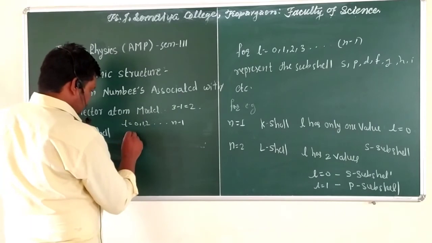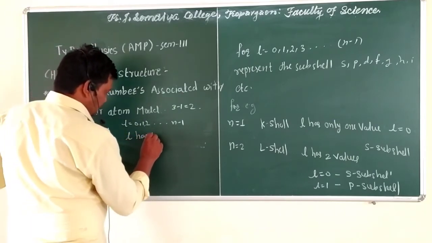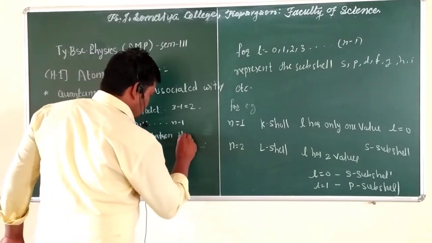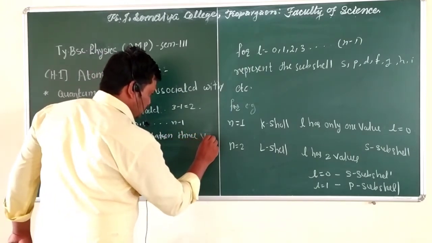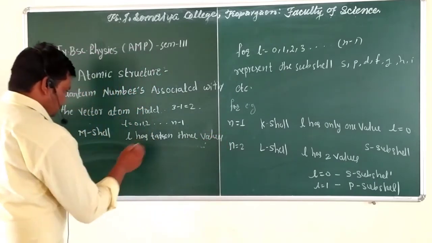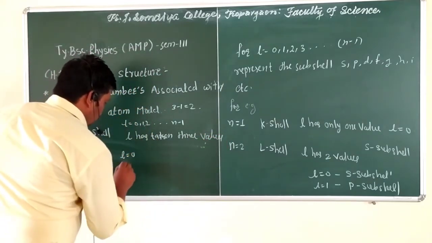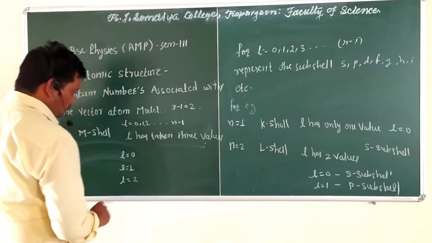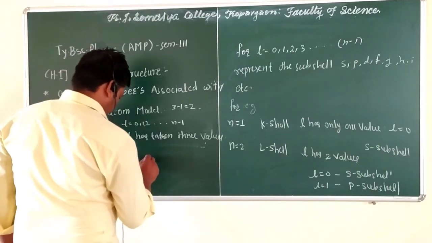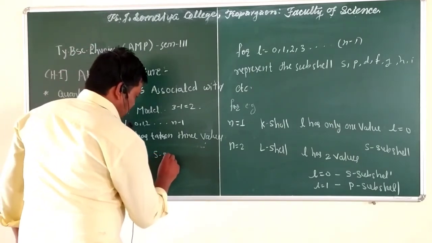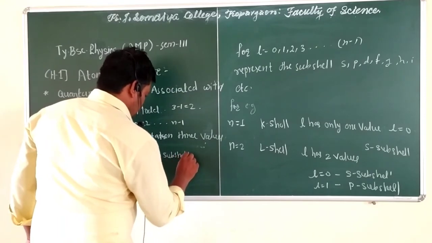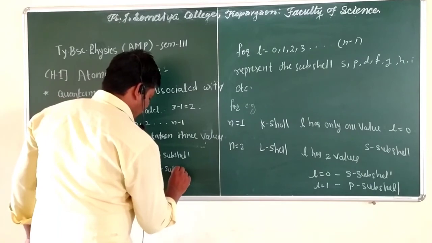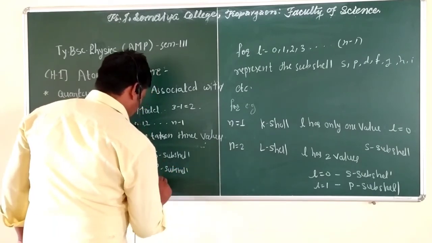So L has 3 values: L equal to 0, L equal to 1, and L equal to 2. L equal to 0 is the S subshell, L equal to 1 is the P subshell, and L equal to 2 is the D subshell.